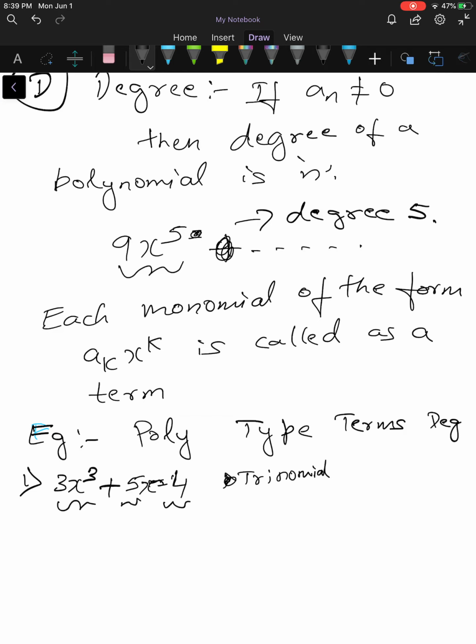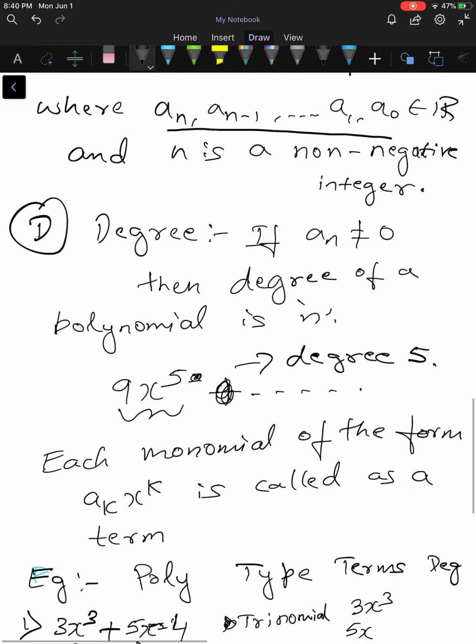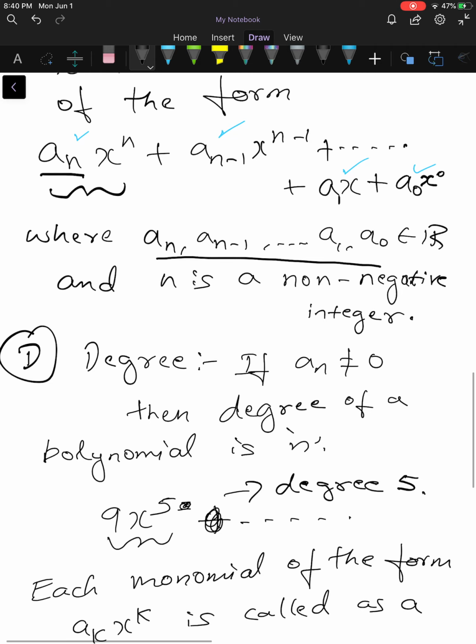And what are the terms? What are the individual monomials that make up this whole expression? That is 3x^3, 5x, and you can observe the general form. You are just adding all the expressions.